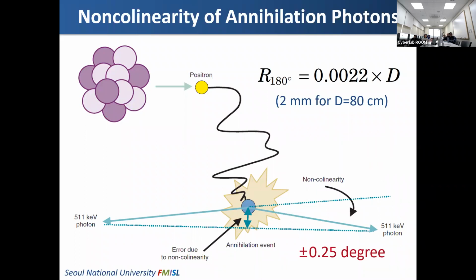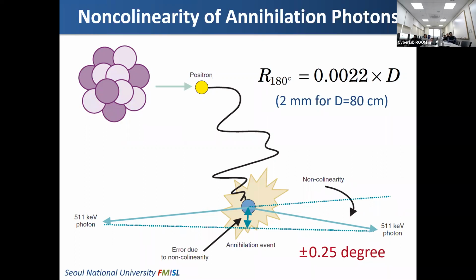The uncertainty is about plus minus a quarter degree, 0.5. So the resolution degradation of the PET scanner, because of this angular uncertainty, is worse for a PET with a larger ring diameter than for a PET scanner with a smaller diameter.